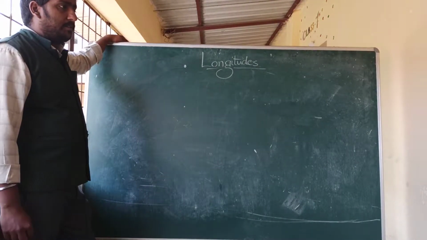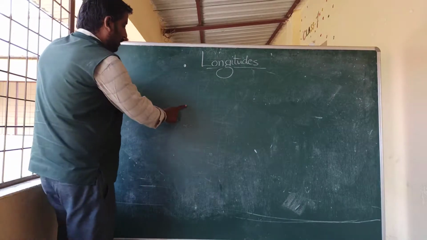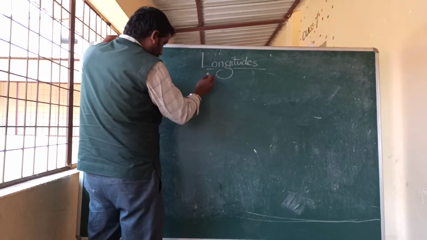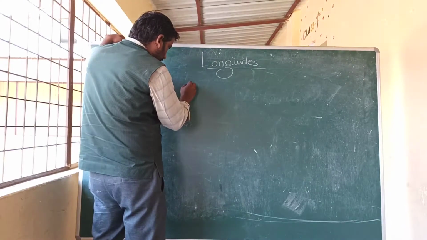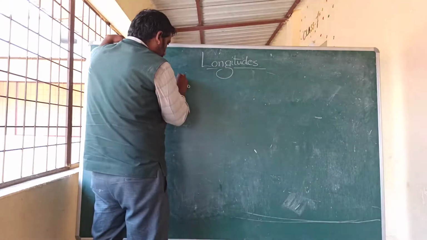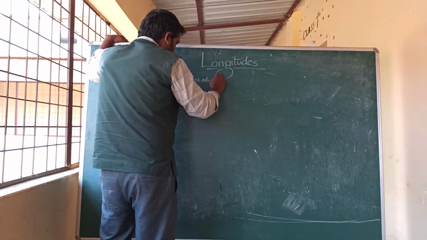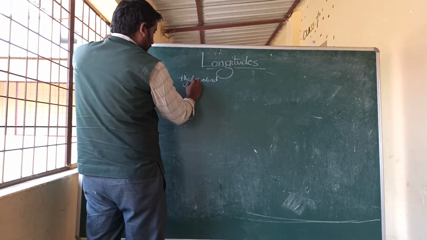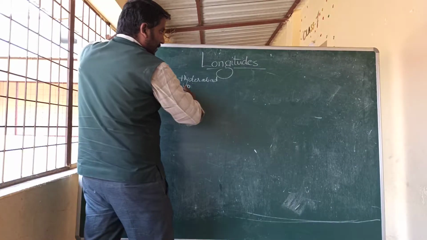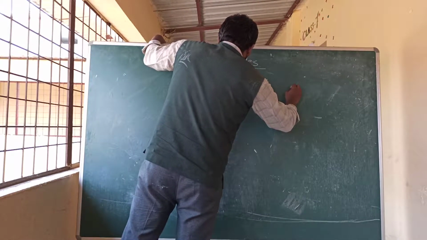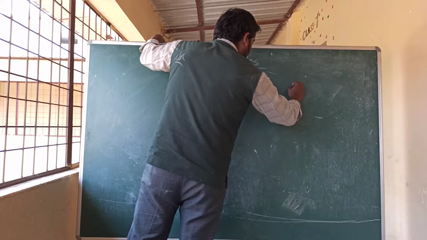They fall on the same latitudinal line. Let us take this as Hyderabad of Pakistan, and Allahabad somewhere here in Uttar Pradesh, in India.